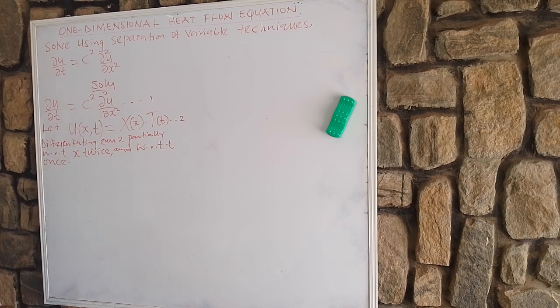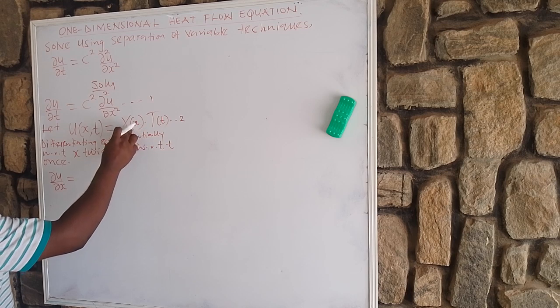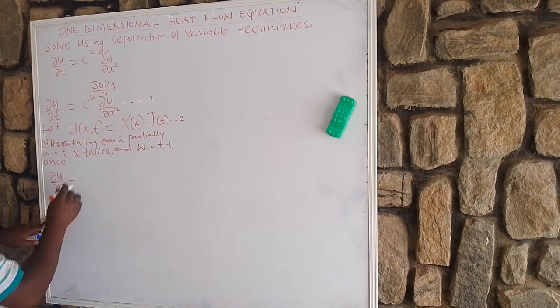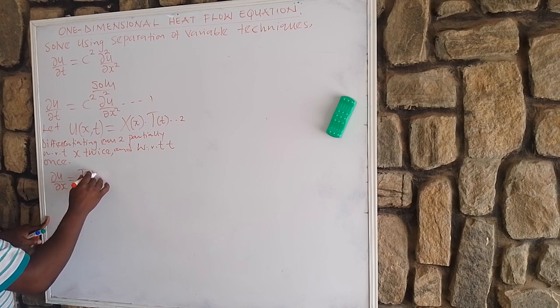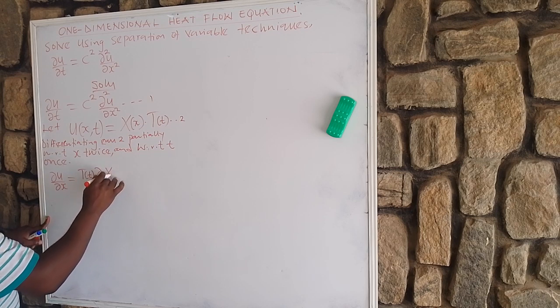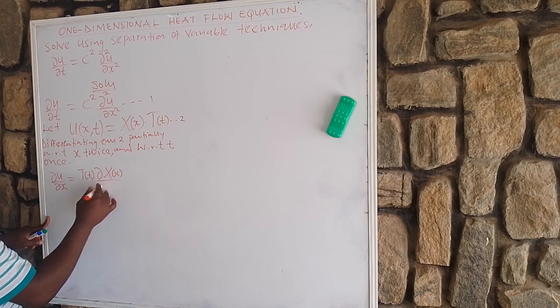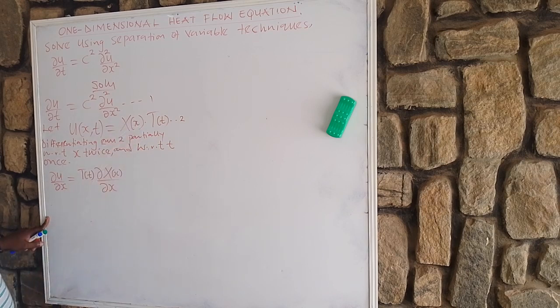So let's differentiate the left hand side and the right hand side of equation 2 respectively with respect to x. We have partial u over partial x equals, since we are differentiating with respect to x, T of t will be constant, T of t times partial X of x over partial x.